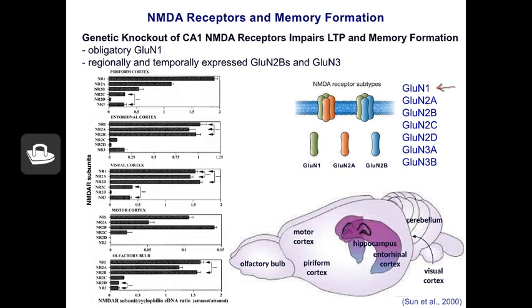There's a choice between having GluN2A or GluN2B or GluN2C or GluN2D or GluN3A or GluN3B. These subunits can form homo or heterodimers, and any one of these dimers can complex with a GluN1 homodimer.